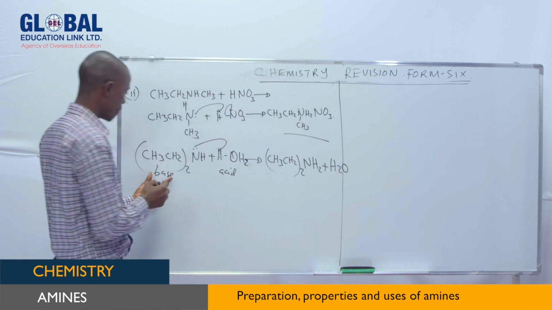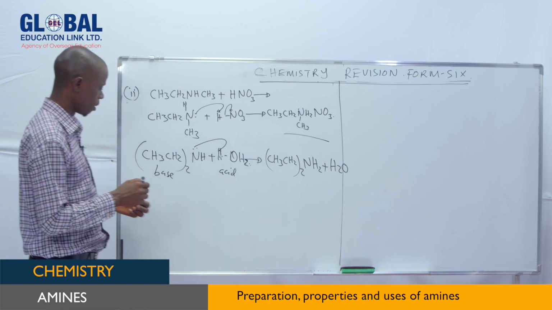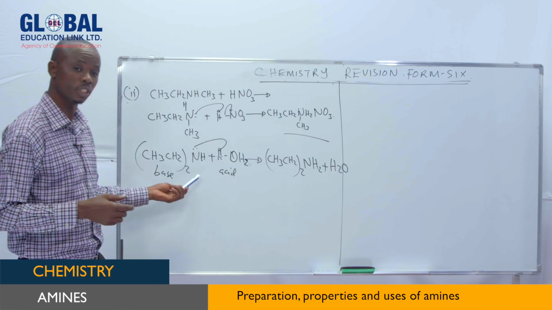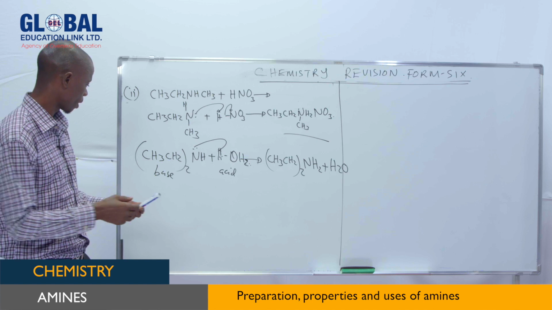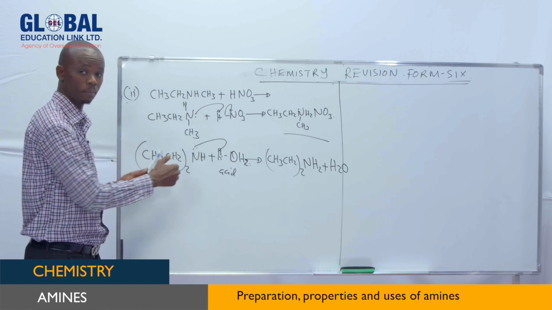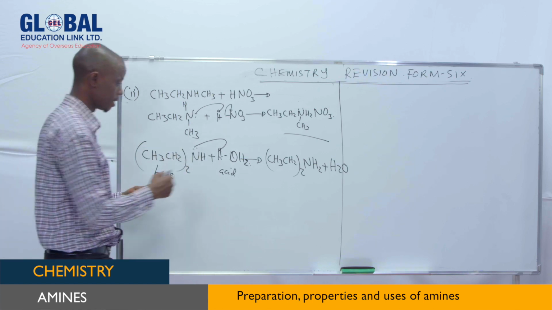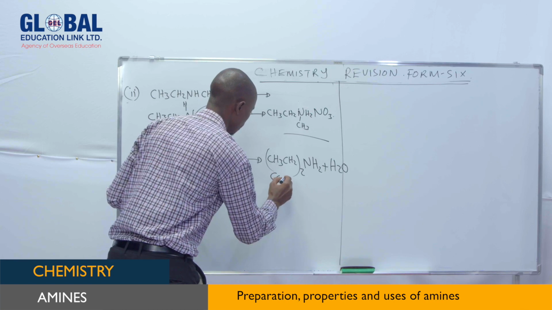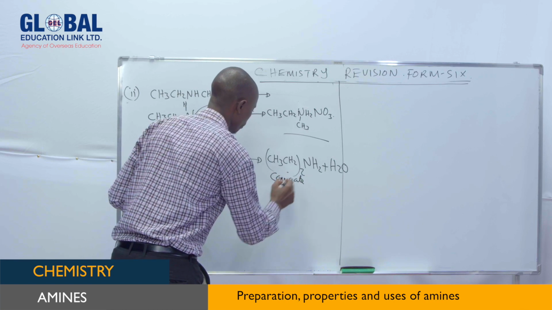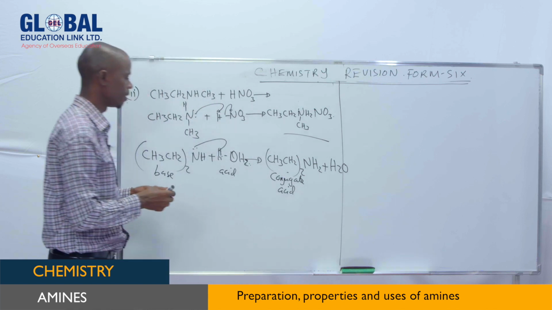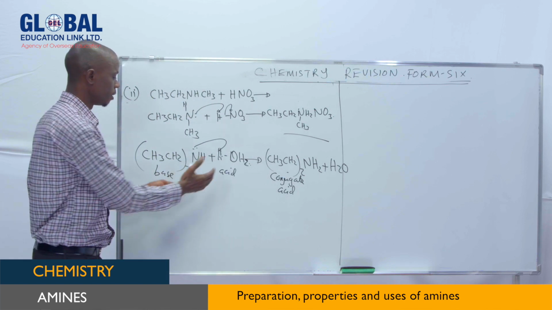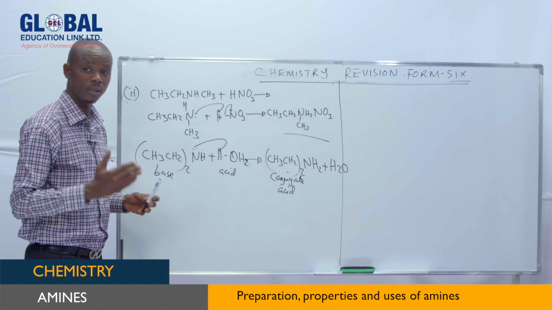So this is the base and this is an acid. Here we are going to form a conjugate acid-base pair. If this is the base, when it accepts a proton, it becomes a conjugate acid. So this is the conjugate acid. And this acid, after it has lost a proton, becomes a conjugate base.